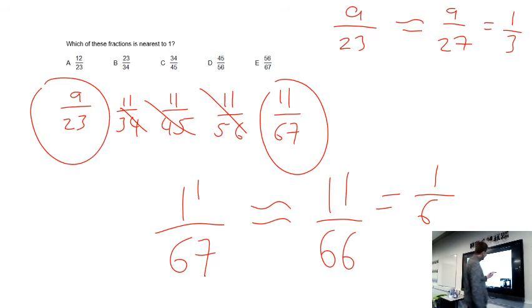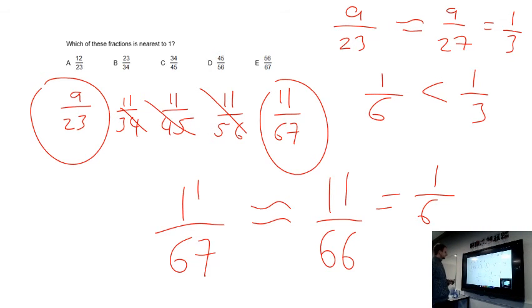Clearly a sixth is a lot smaller than a third. So we would choose 11 over 67. So this is going to be our value which is closest to 1.